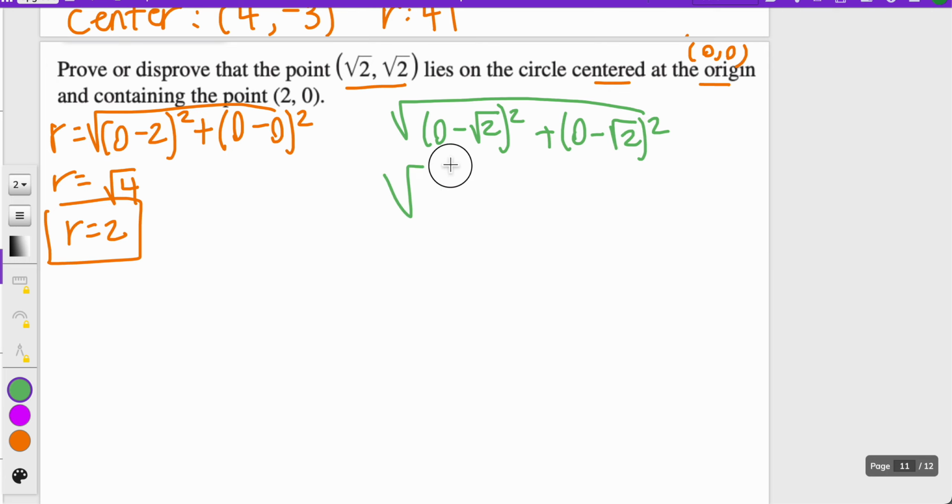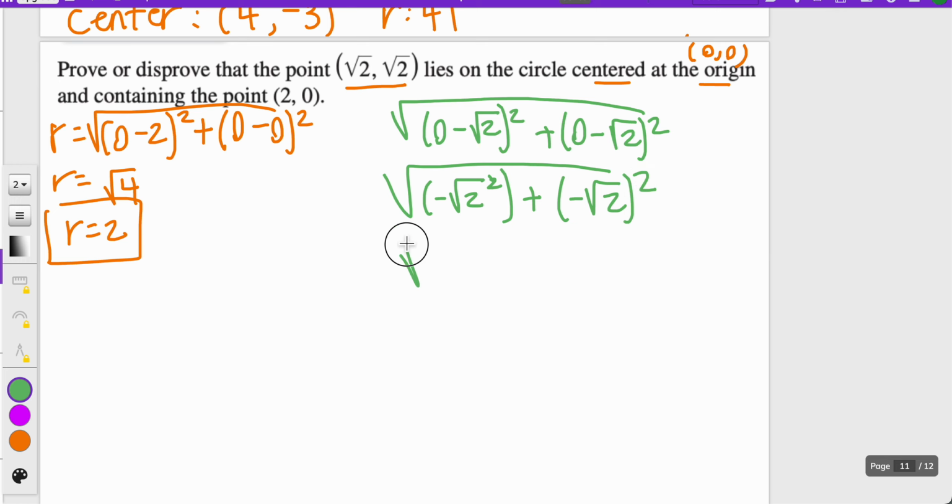Okay, these are just going to give me, kind of look weird for now, negative square root 2 squared plus negative square root 2 squared. Okay, which in the end just gives me 2 plus 2, which is equal to the square root of 4, which is 2. So this radius is also 2.